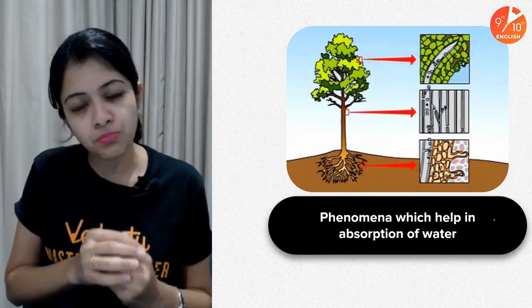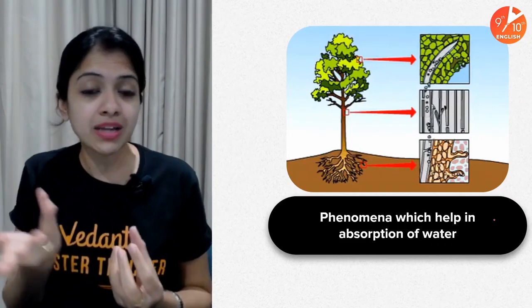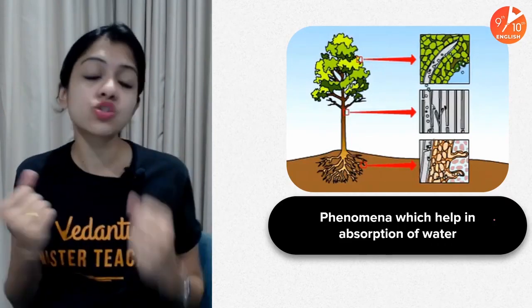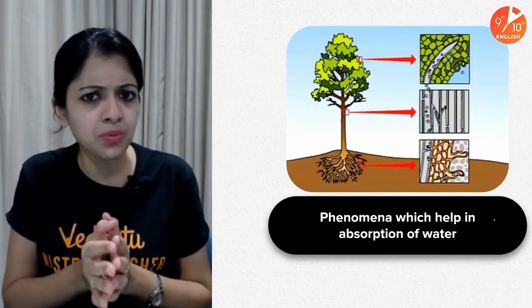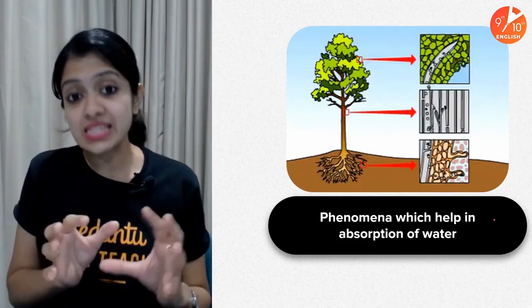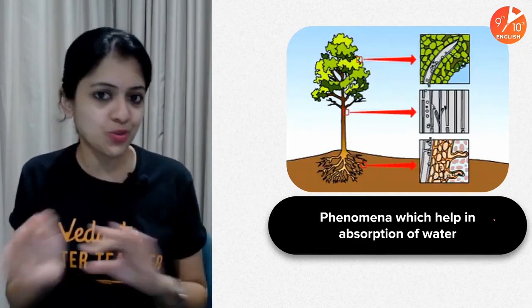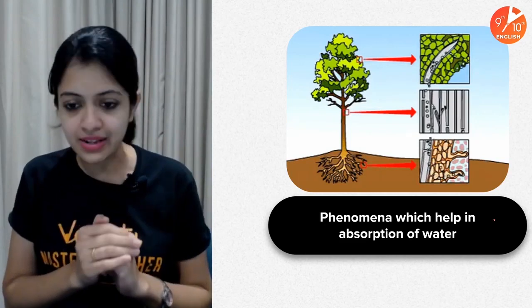Sufficient chlorophyll might not be produced, which means leaves might appear yellow and not green. It might appear drooped down. A lot of other deficiency symptoms can be seen in plants also. That is another importance of minerals.